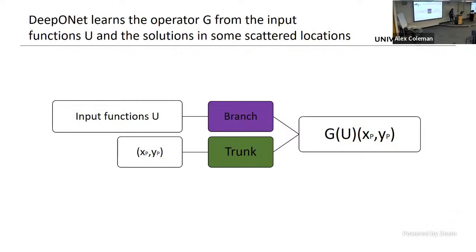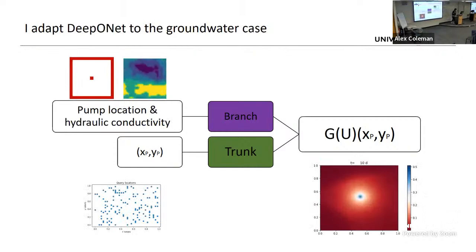So how do I translate this mathematical setup to my case? Let's start from the input function: they are the pump location and the hydraulic conductivity. The locations are just points in my domain, and my output function is the groundwater head. In this case it's one time step, but eventually it's going to be the evolution in time of the groundwater field.